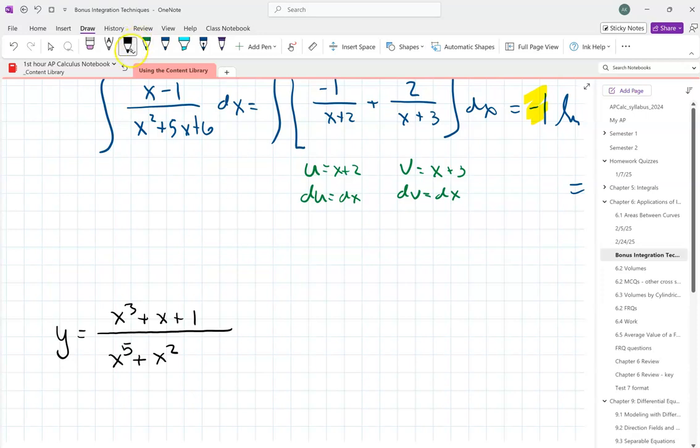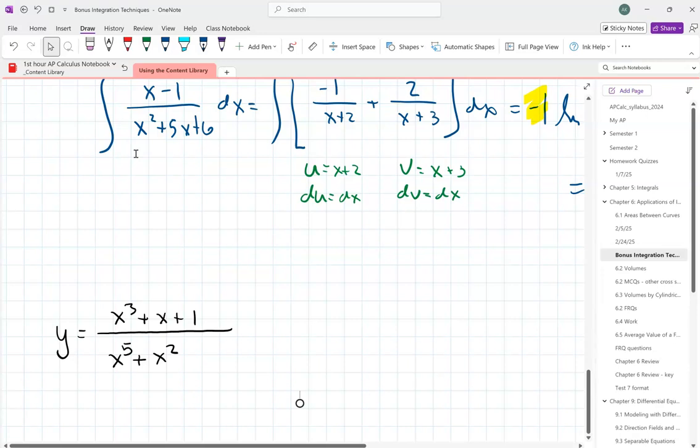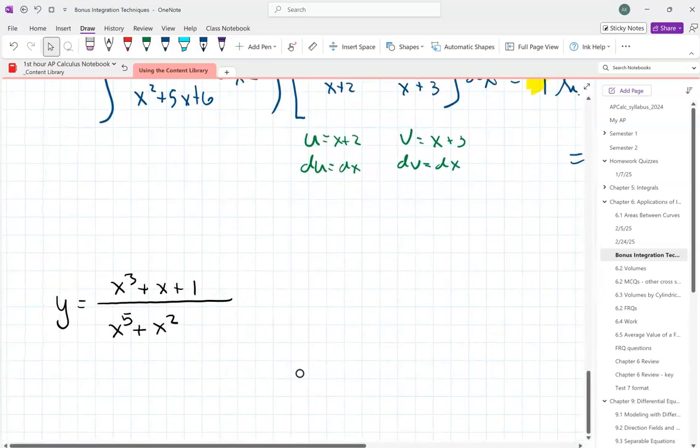Let's try that. So there's clearly nothing like any of the other forms, right? We have degree 5 in the denominator, that looks rough. The first thing I want to do is to fully factor the denominator.